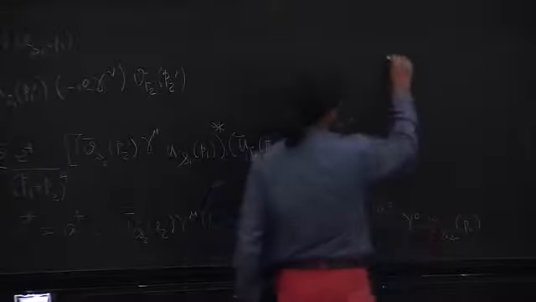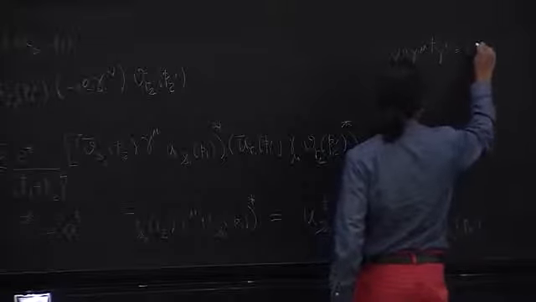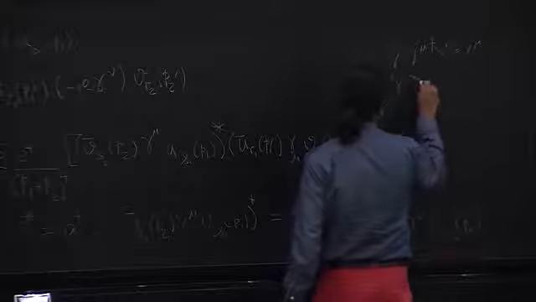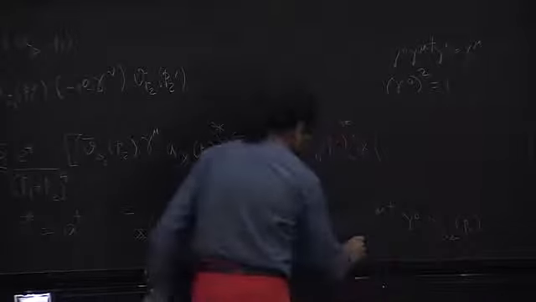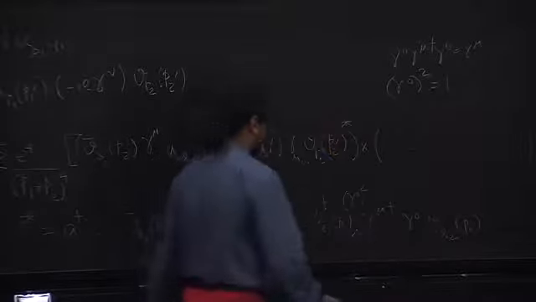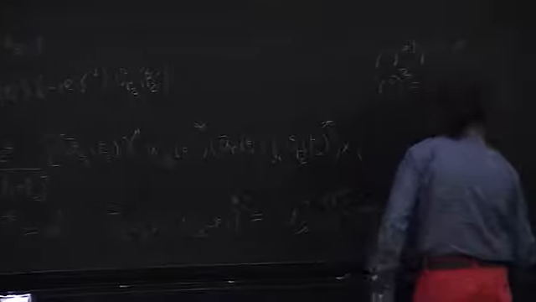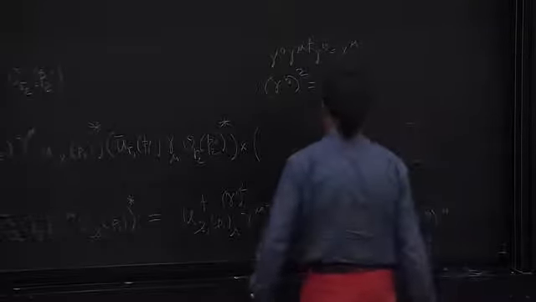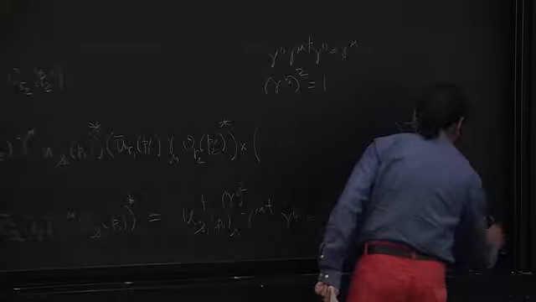But remember that gamma 0, gamma mu dagger, gamma 0 is gamma mu, and that gamma 0 squares to 1. So that means I can insert 2 factors of gamma 0 here, and that means I can rewrite this as U bar of S1 P1 gamma mu V of S2 P2.